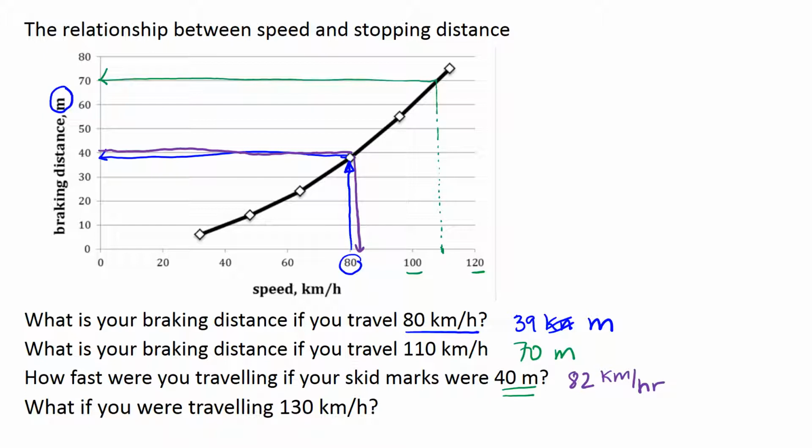And what if you were traveling 130 kilometers an hour? Well, notice the graph only goes to 120. So this is where we use our graph to predict what comes next. So if we imagine that this graph goes a little bit further, and notice these are in spaces of 20, so that means approximately here would be 140, and 130 would be in between there.